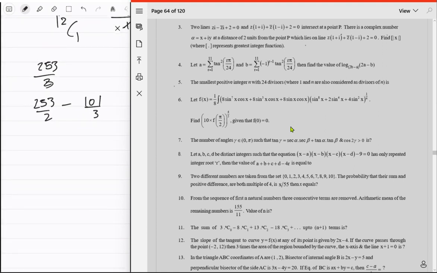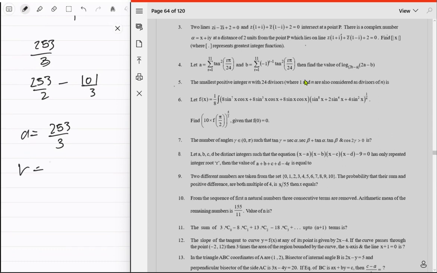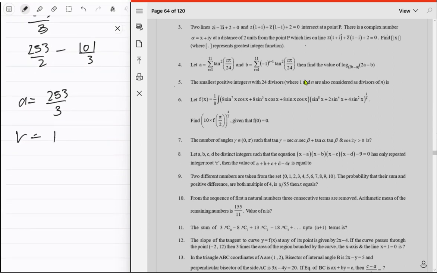So now the ratio, which is, find the, okay, so what's a is just 253 upon 3 and b is 152 upon 3.